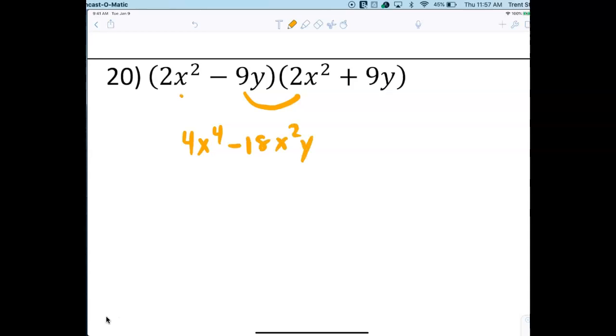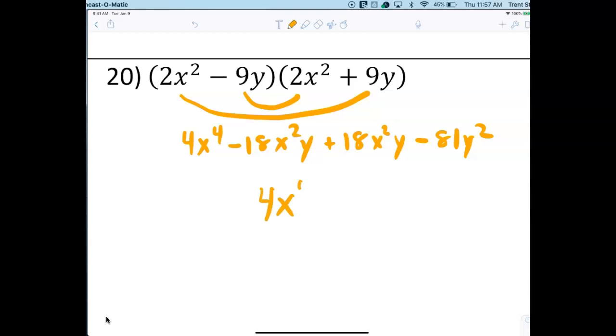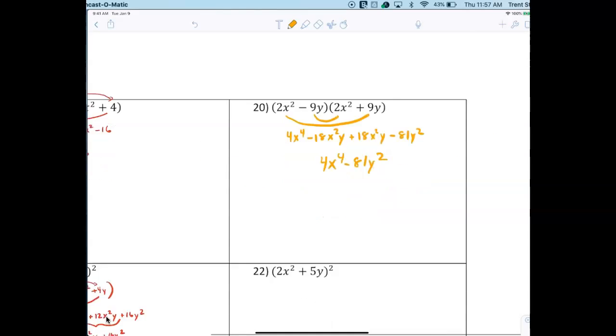Then over here, positive 18. And then finally, good job. What happens to the two middle terms? Your final answer is just. I think it's super easy. Looks complicated, but it's not.